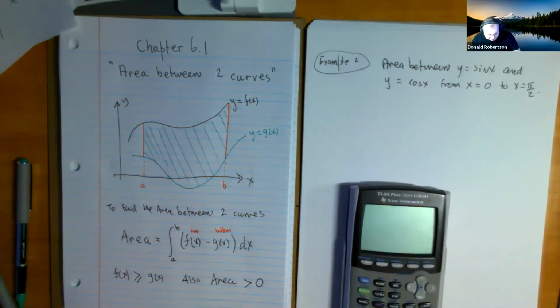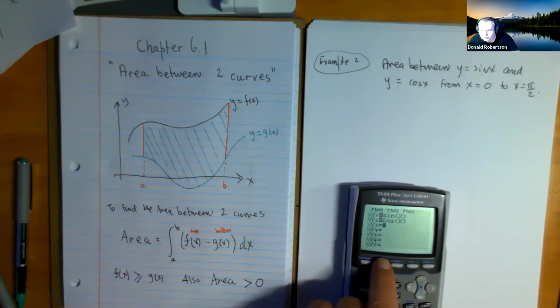So first thing I need really here is a graph of the situation. And I'm going to go y equals, what's the first one, sin x. And I'm going to do y equals cosine x.